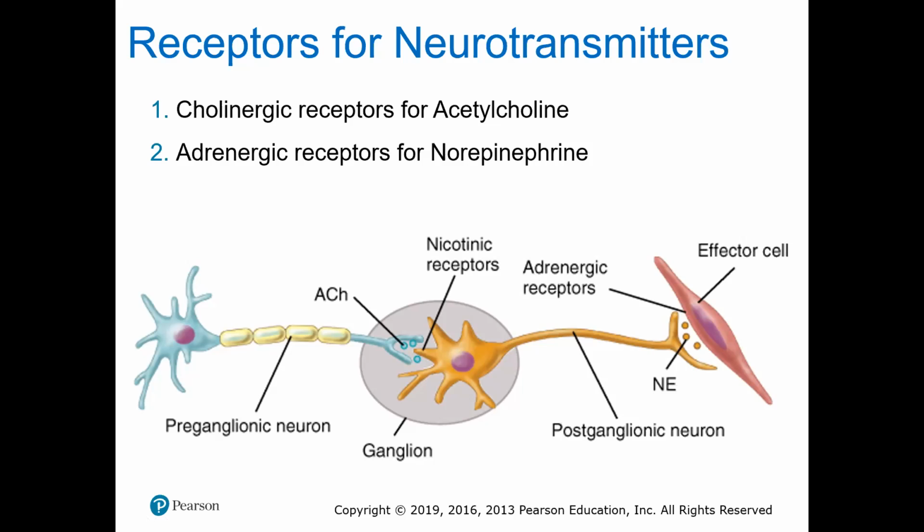On the postganglionic neuron, since this is the sympathetic side, the neurotransmitter is norepinephrine, and it lands on its effector cell or gland or wherever it's supposed to be landing. We use acetylcholine for the preganglionic neurotransmitters all the time. The postganglionic neurotransmitter is acetylcholine or norepinephrine. In this case, since it's sympathetic, it is norepinephrine.